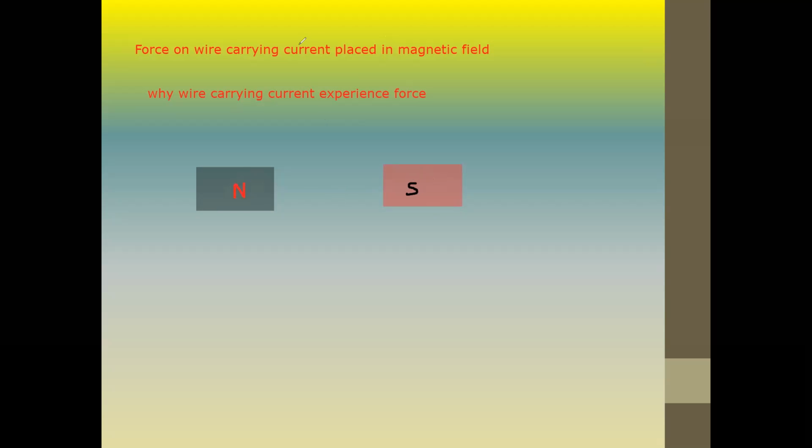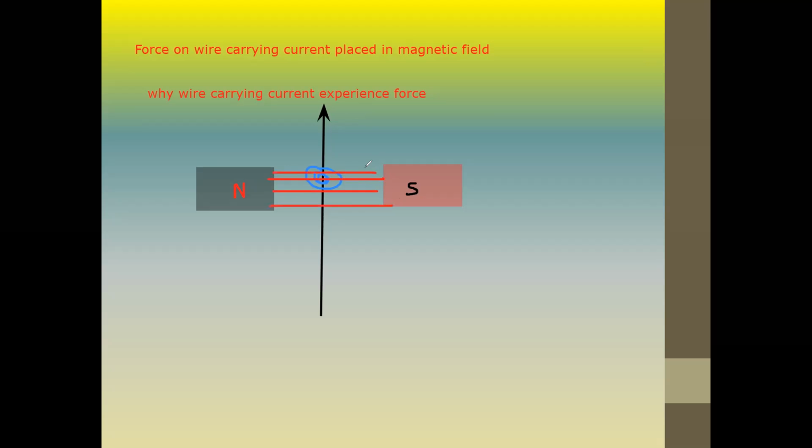So there is a magnetic field of this magnet, which is from north to south. But there is also a wire which is carrying the current. As the wire is carrying current, there is a magnetic field of the wire around it, and there is a magnetic field of the magnet which is crossing it, cutting it.